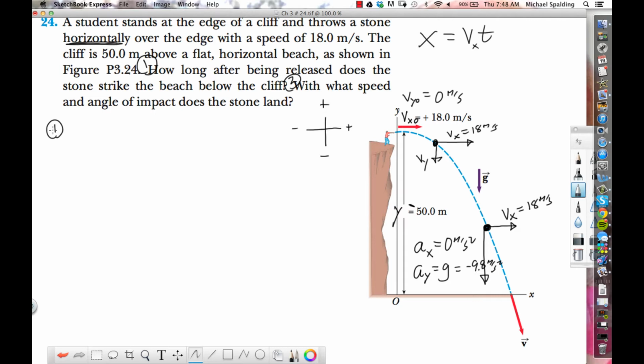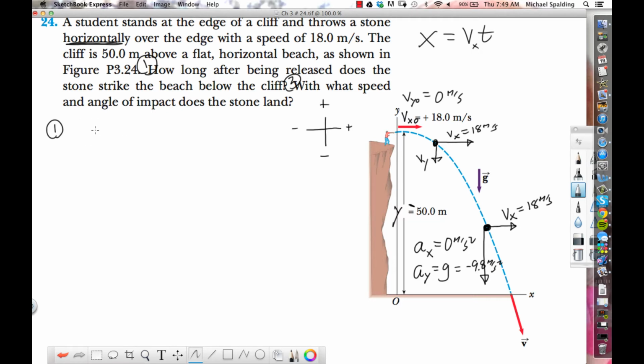You're either going to be plugging pure x data into an equation or pure y data, because x and y are separate. All right, so are we going to figure this out using x direction or y direction? The y direction. We don't have enough information in the x. All we know about the x direction is that the x velocity is 18 and that doesn't change. That's all we know.